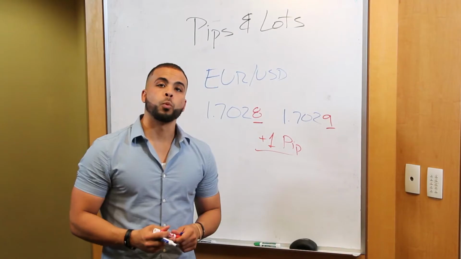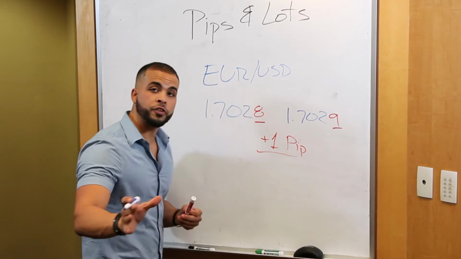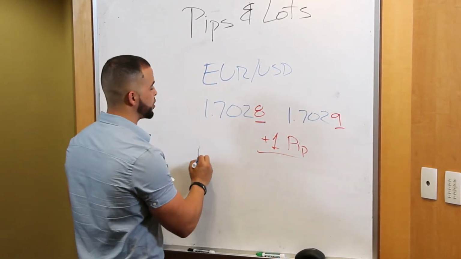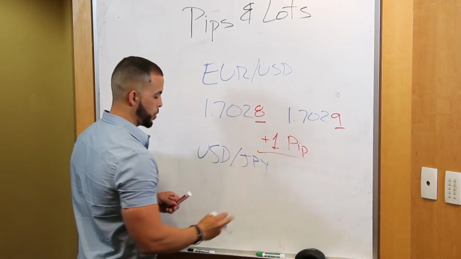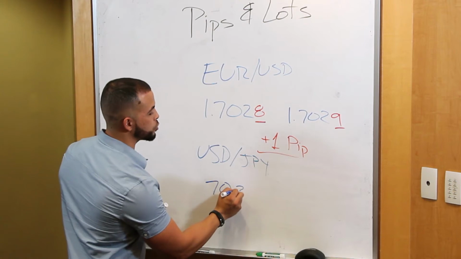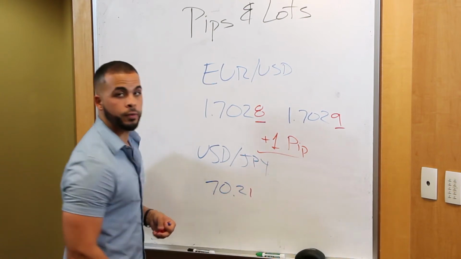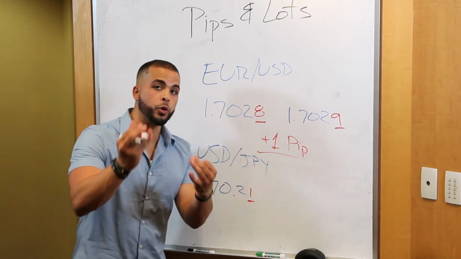Does that make sense? When you're trading the USD versus the Japanese yen, it's a little different because it's the 2nd decimal point. Let me explain. Let's say you're trading the Japanese yen, right? And the price is 70.21. The 2nd decimal point is now considered where you read the pip.